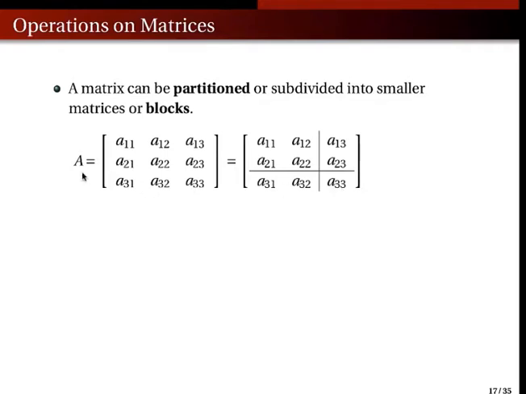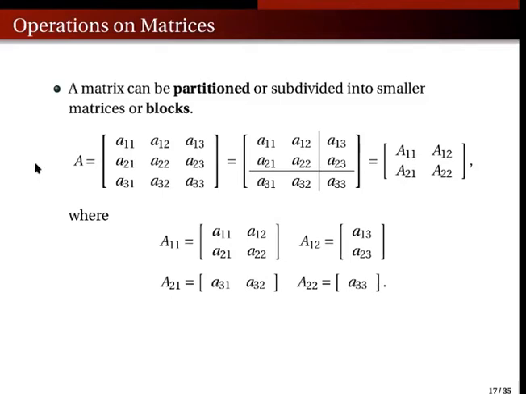So this matrix A can be written as follows. We label capital A sub 1,1. This is a capital letter because it's a matrix. But the 1,1 here tells you that it's the first entry, the first row and then first column of this new smaller matrix.